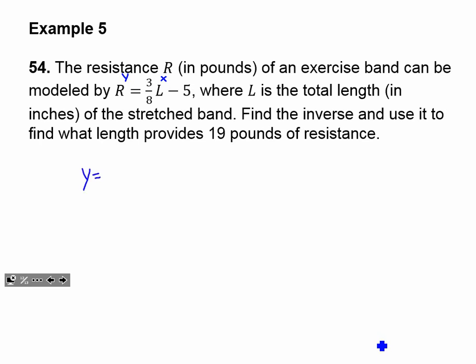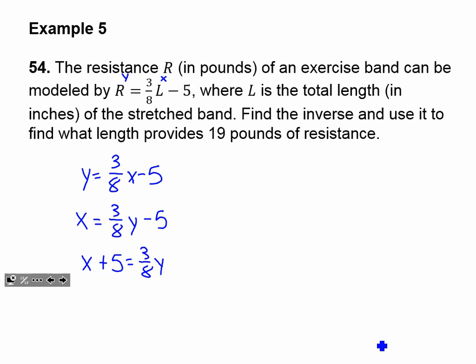So let's see, if I have y equals 3/8 x minus 5, if I flip the roles of x and y, I would add 5 to both sides, then multiply both sides by the reciprocal, 8/3. So I'd find that y equals 8/3 x plus 40/3. Okay, and that's the same thing as my inverse.